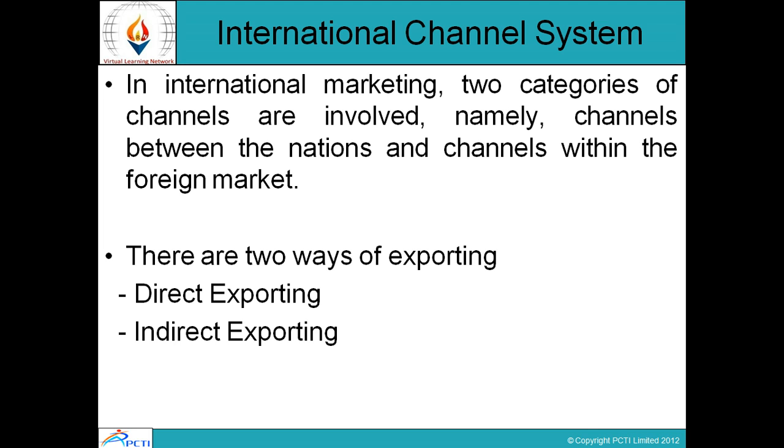There are two ways we can export: one is direct exporting, another is indirect exporting. When the export is direct, the producer himself takes the responsibility for marketing the goods and makes direct sales to one or more of the foreign customers, right?